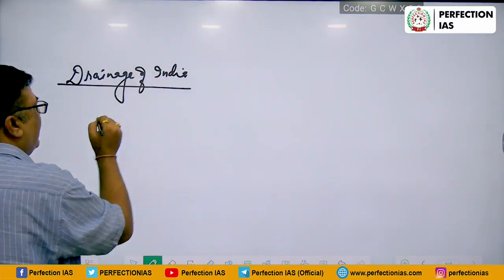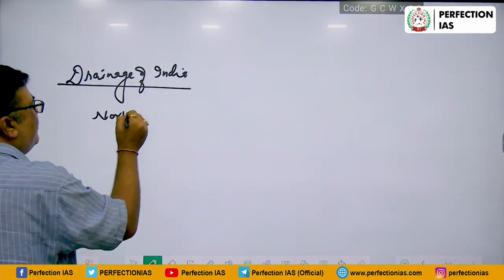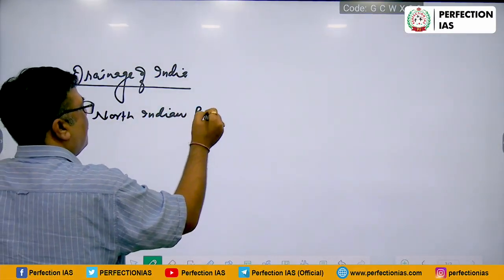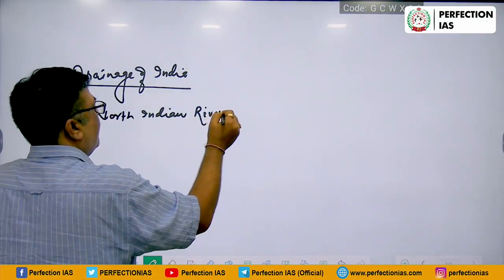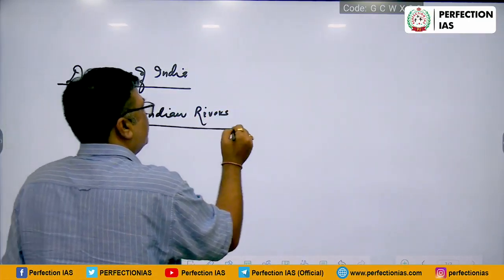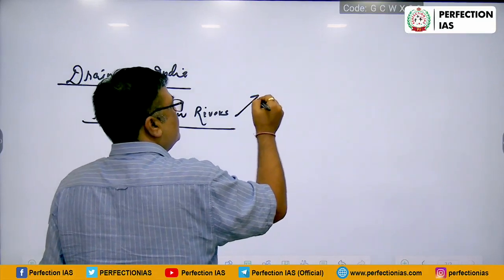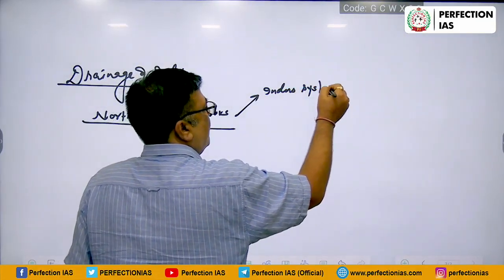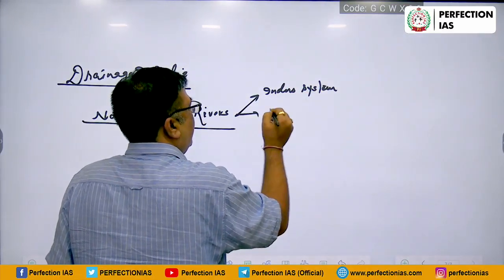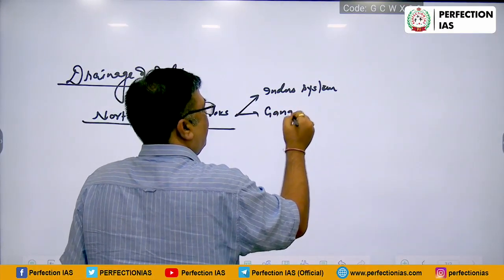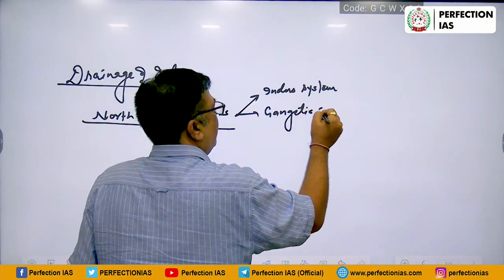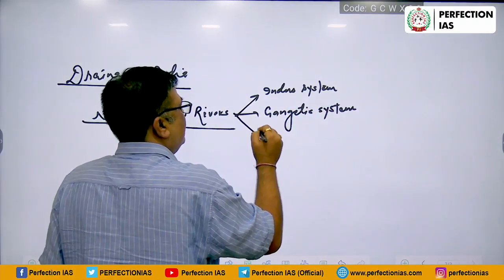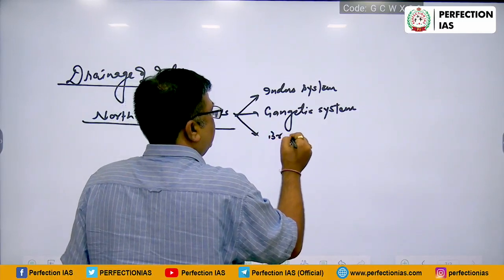It is in full detail, like North Indian rivers. In North Indian rivers: Indus system, Gangetic system, and Brahmaputra system.